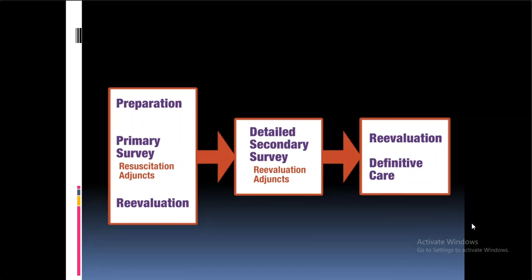The simple triage is when you have patients within the capacity of the receiving facility. So when you have a hospital receiving patients and it can cope with them, you should make a simple triage. Simple triage means that you put the serious patient first.